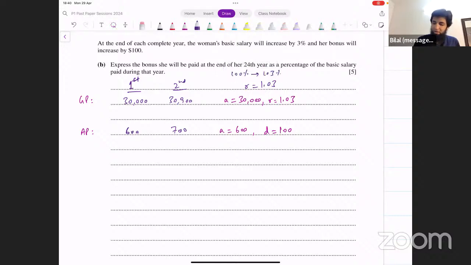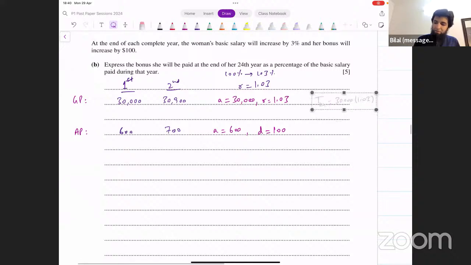So for T24, that would be A, which is 30,000, multiplied by 1.03 raised to the power n minus 1, that means 24 minus 1, that's 23. That is going to give you the salary at the end of the 24th year.